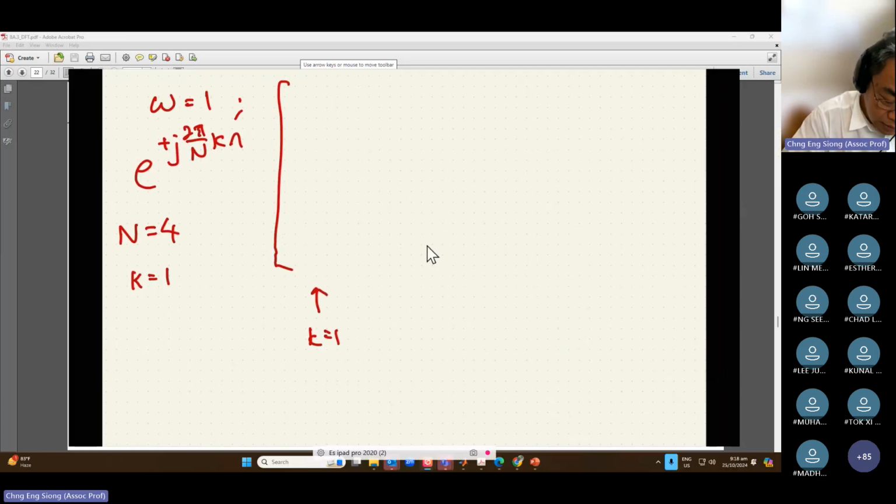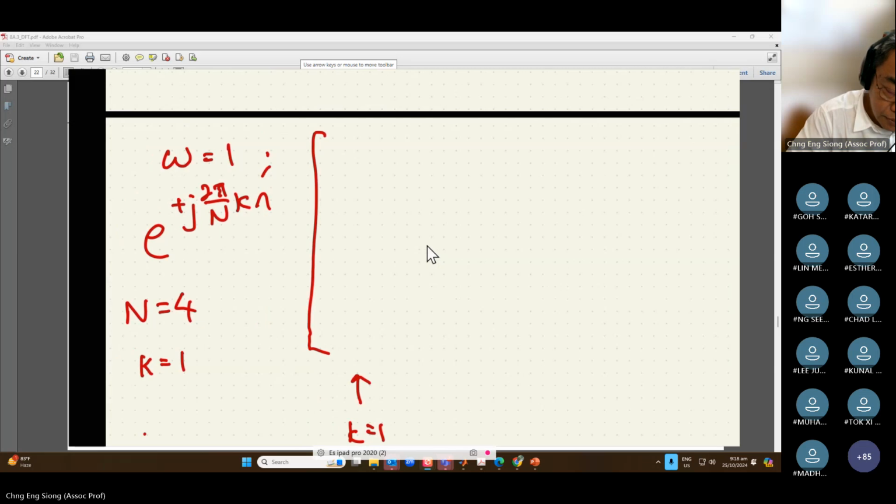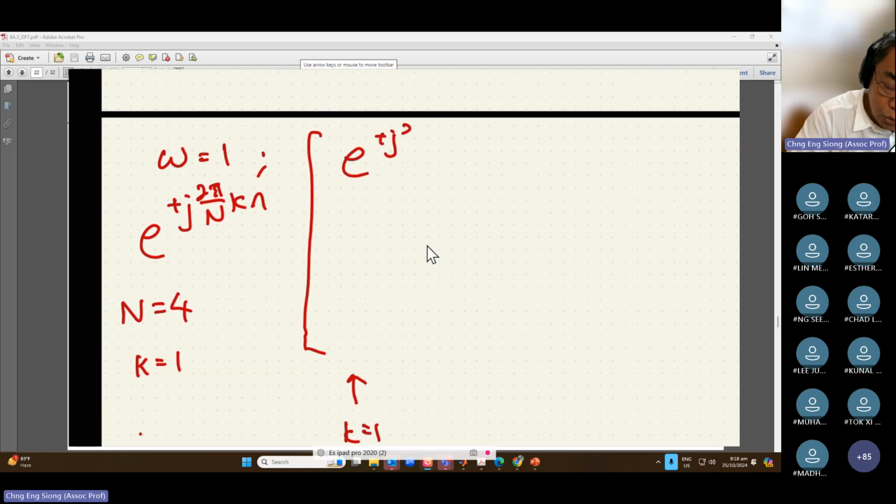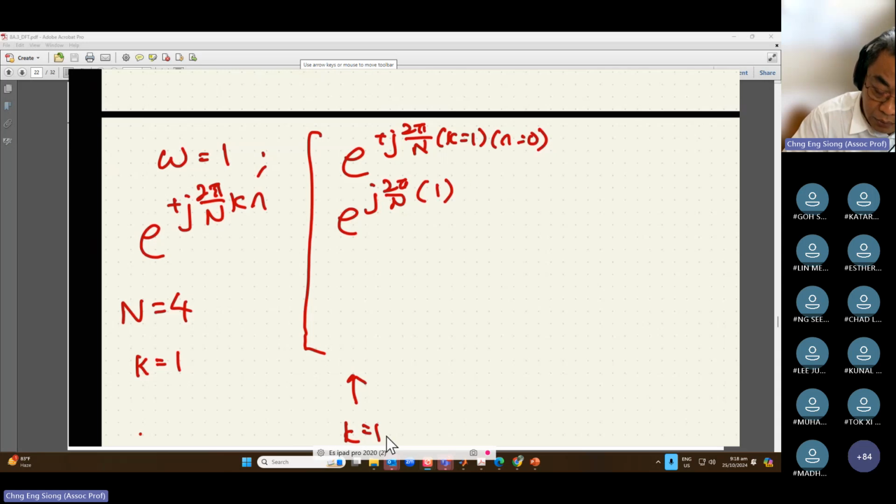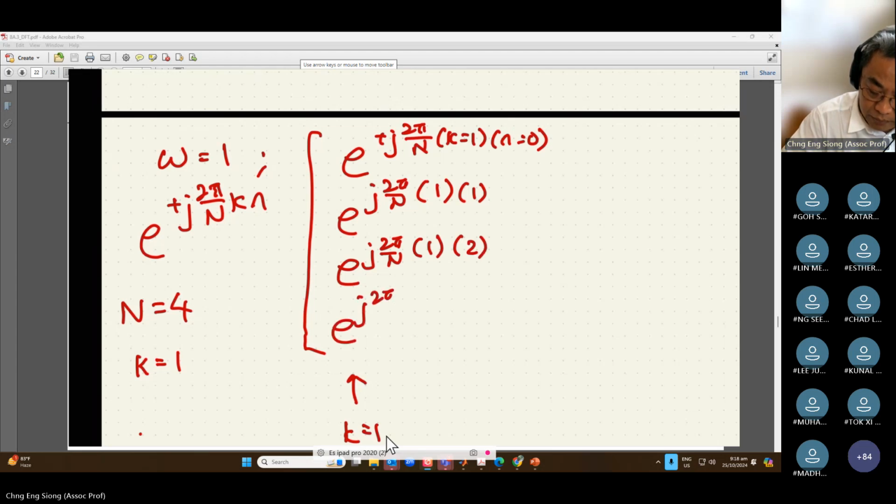The elements are e^(+j2π/N)kn, where k is now 1 because we are drawing the k equals 1 column. Little n equals 0. Second guy, k is still 1, n is now 1. Third guy, k is still 1, n is now 2. Fourth guy, n is 3, and then we are done.